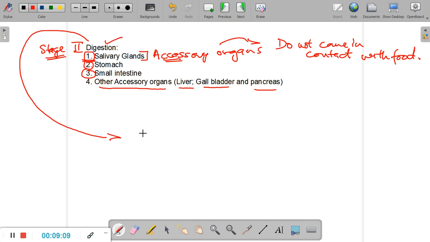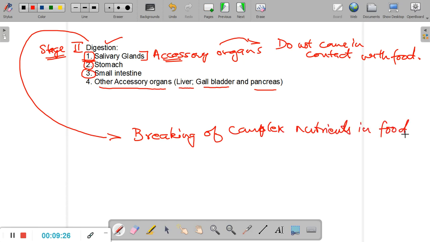So ingestion is taking the food inside the body, and digestion is nothing more than breaking of complex food or complex nutrients in food into simpler nutrients.